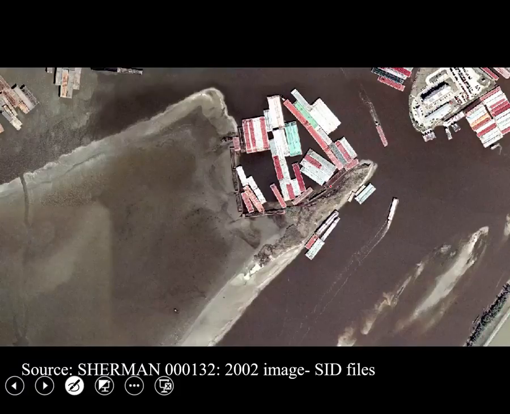Okay. Now let me just show you one example of a case study as to how this might come into play. This is an area that's along the San Jacinto River, and this is a levee. This is a breach in the levee, and this is an anchorage point where barges are temporarily stored.